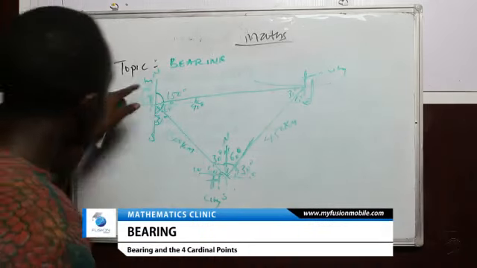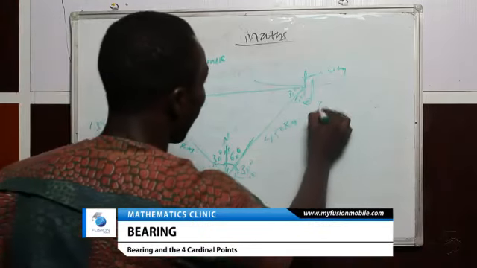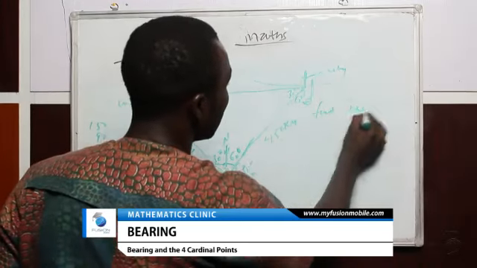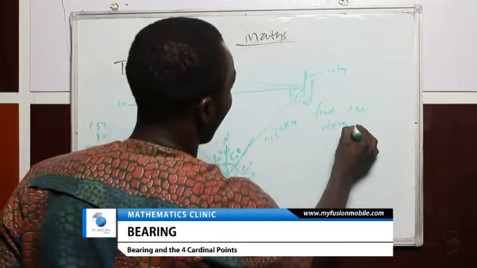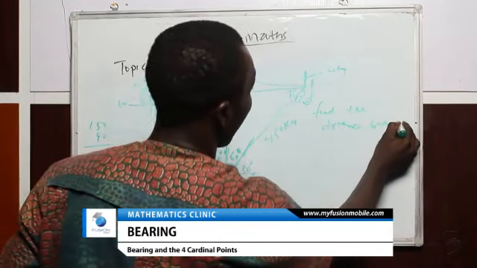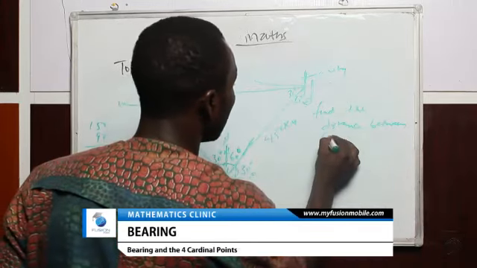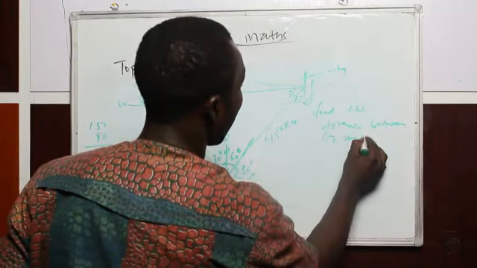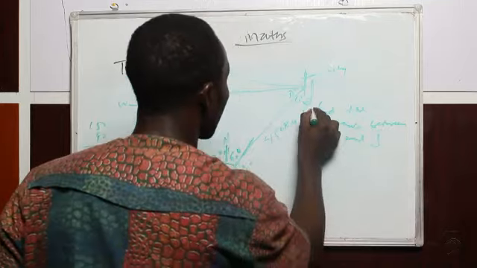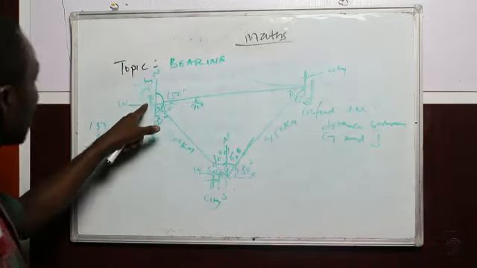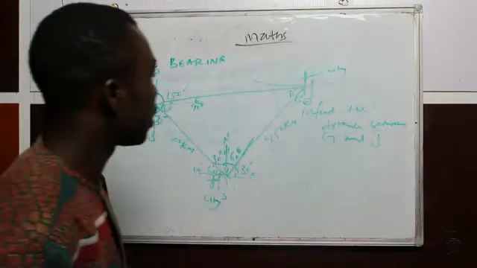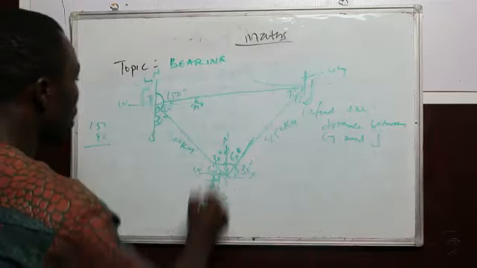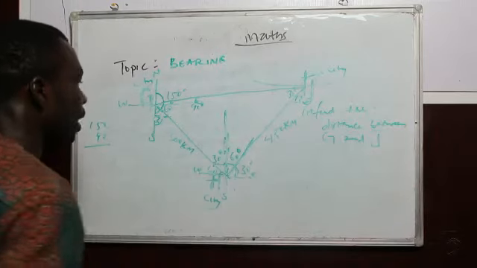Now, the question they ask us is to find the distance between city G and J first. How do you find the distance between city G and J?